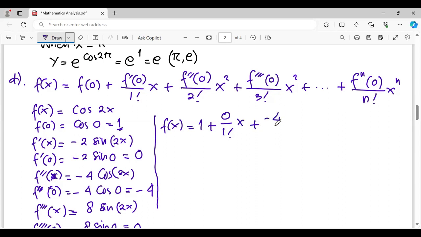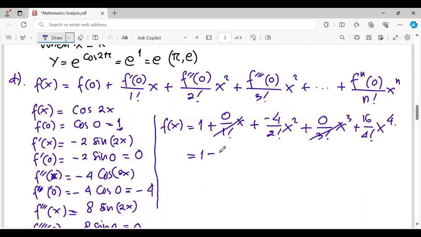Plus minus 4 over 2 factorial x squared, plus 0 over 3 factorial x cubed, plus 16 over 4 factorial x to the power 4. Just until x to the power 4. So it becomes 1, and the odd terms are 0 as well.